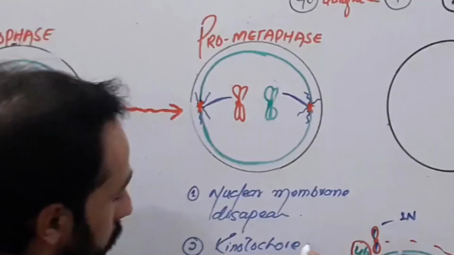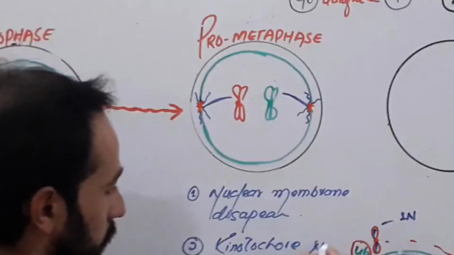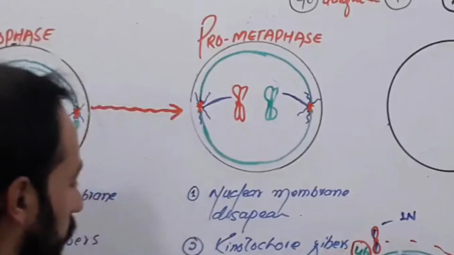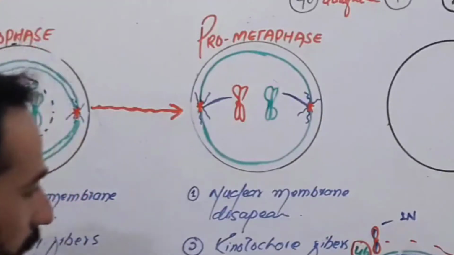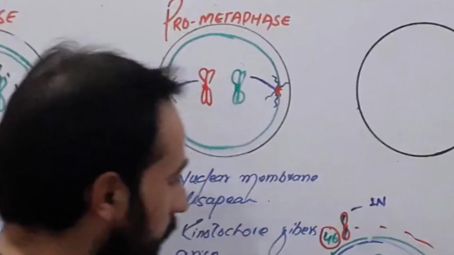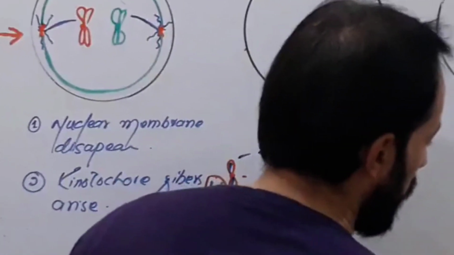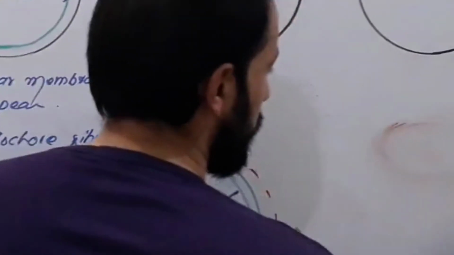Kinetochore fibers arise. And what do they do? They actually go and attach to the chromosomes on the centromere.